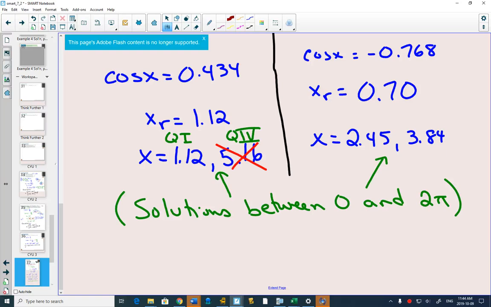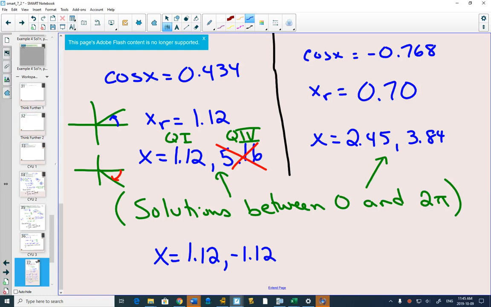If we draw a little picture off to the side to help us see, this one is good because we're going from 0 to pi, but we also need this one instead. So our actual answers will be 1.12. That one's fine. And this one is exactly the same as our reference angle, but negative.